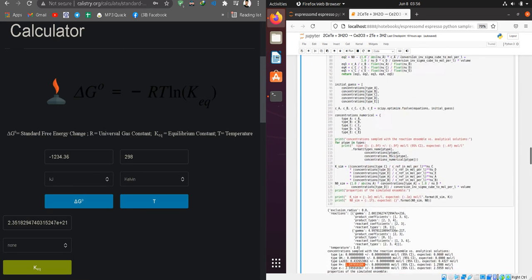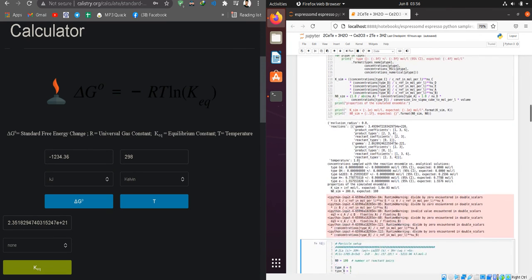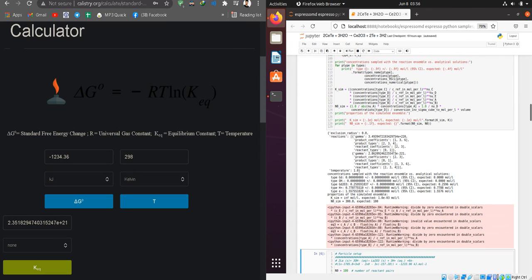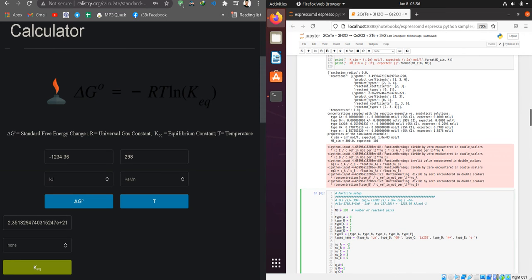You can see lanthanum metal is giving more H plus ion than gadolinium with the same number of interactions, same number of reactant pairs.